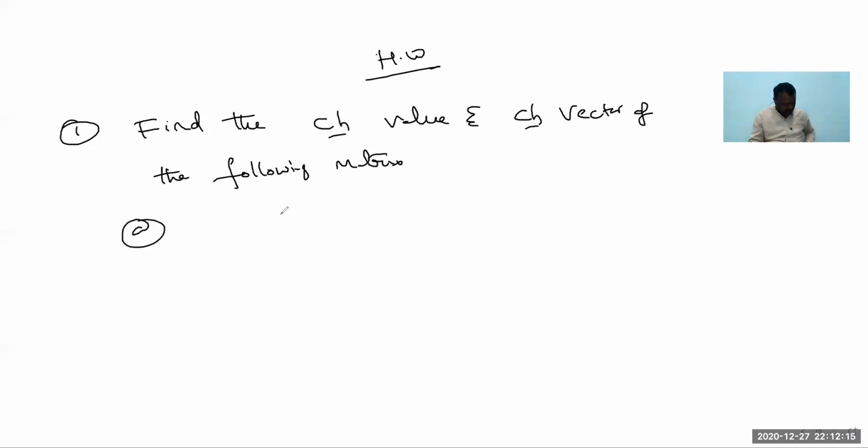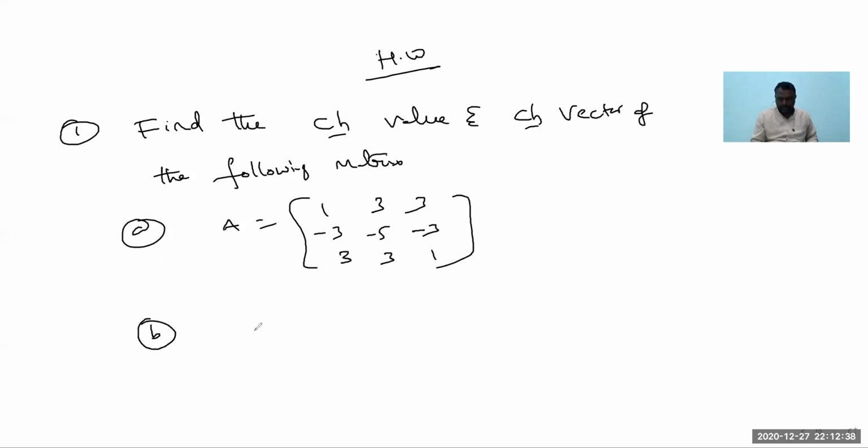First one, A equal to [1, 3, 3; minus 3, minus 5, minus 3; 3, 3, 1]. Second, A equal to [4, 0, 1; minus 2, 1, 0; minus 2, 0, 1].